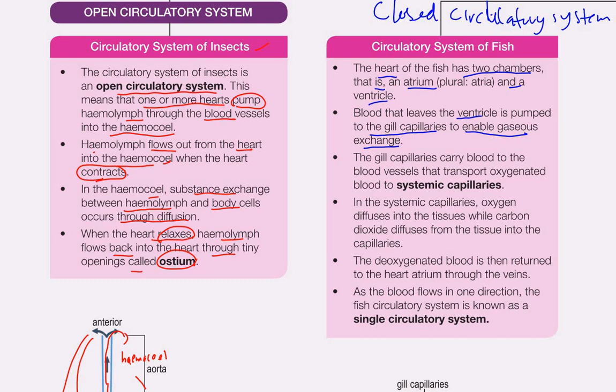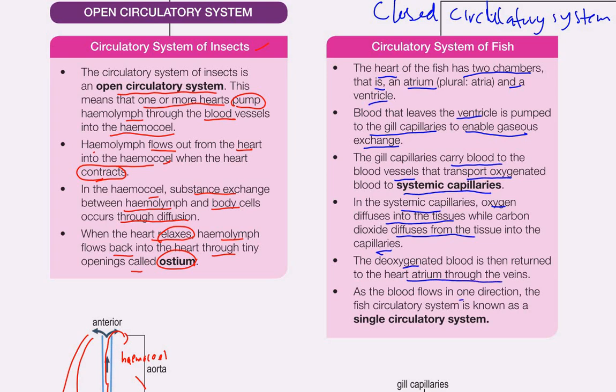The gills capillaries carry blood to the blood vessel that transports oxygenated blood to systemic capillaries. In the systemic capillaries, oxygen diffuses into the tissues while carbon dioxide diffuses from tissue into the capillaries. The deoxygenated blood is then returned to the heart atrium through the veins.